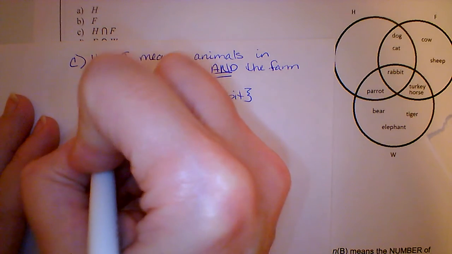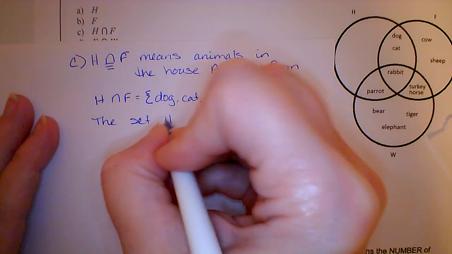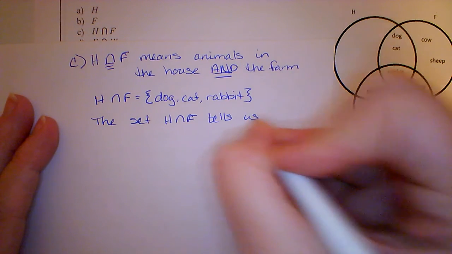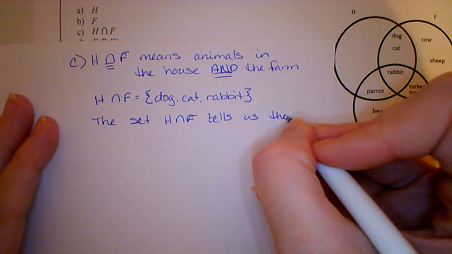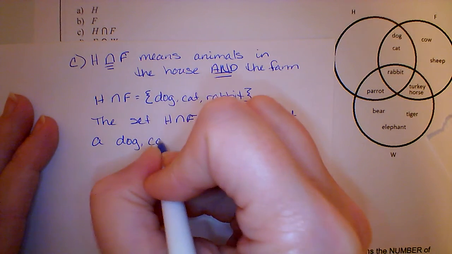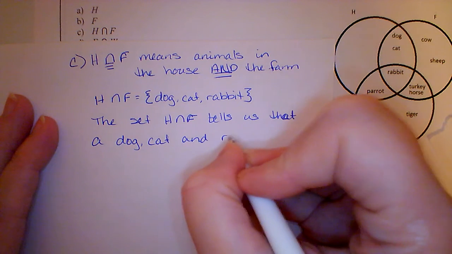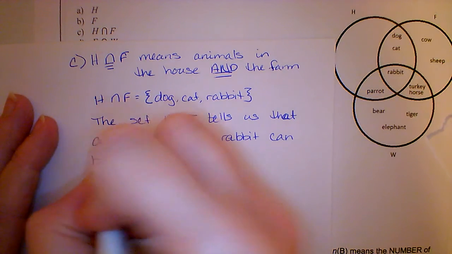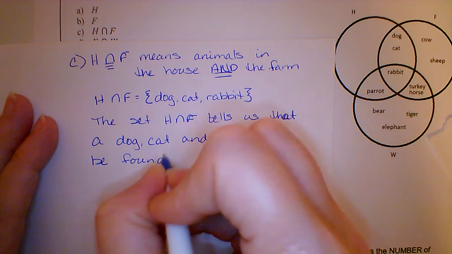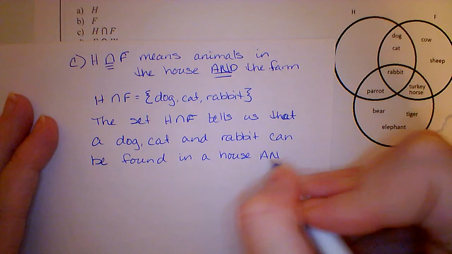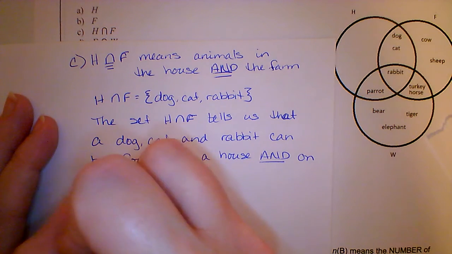Now what this means is, the set H intersect F tells us that a dog, cat, and rabbit can be found in a house and on a farm.